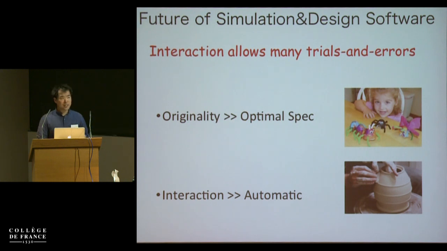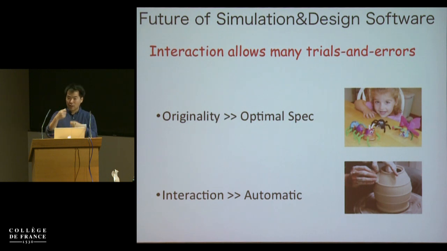Also, I think in the design of functional objects, we tend to forget the importance of interaction. For example, some people knit a sweater by themselves. Otherwise it's a terrible way of spending time, because people can buy a sweater very cheaply.